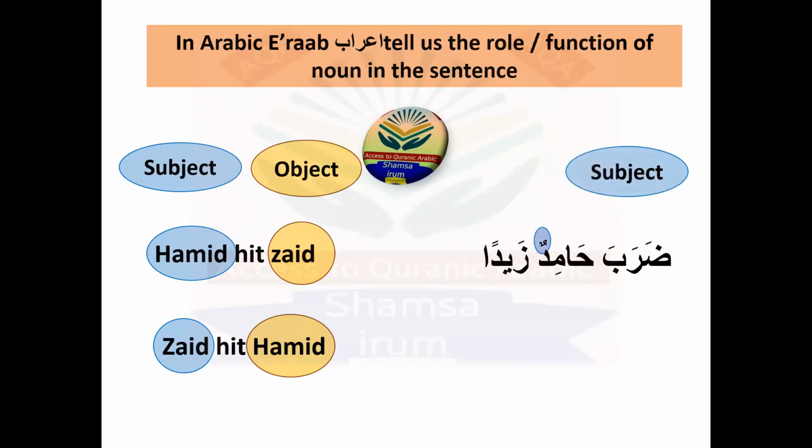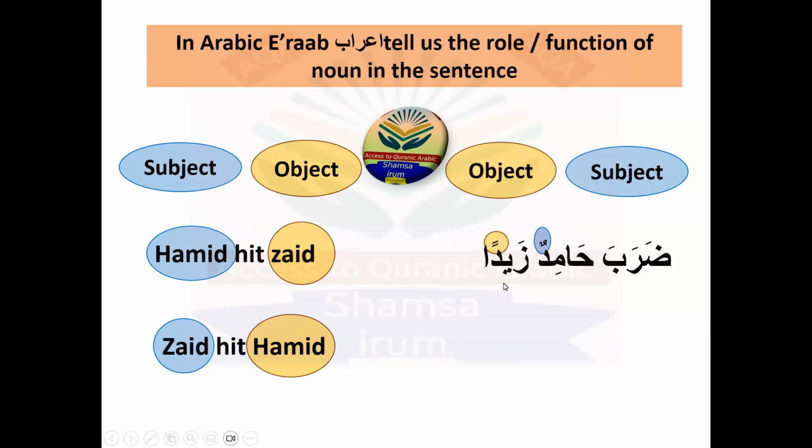If you see the fatha at the end, it means it's mansub, so it acts here as an object. So Hamid acts here as a doer, as a subject, and Zaid acts here as an object. Hamid is the doer who is hitting. Who hit? To whom? He hit Zaid.